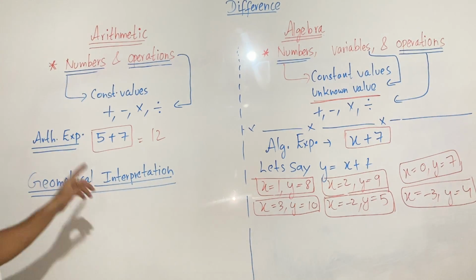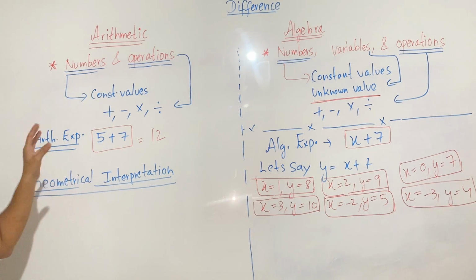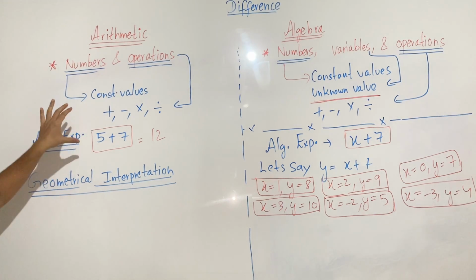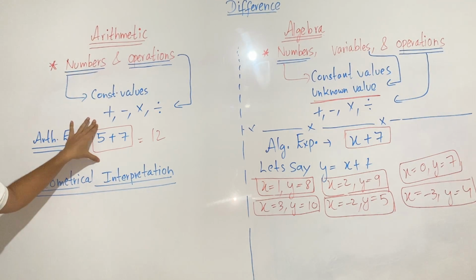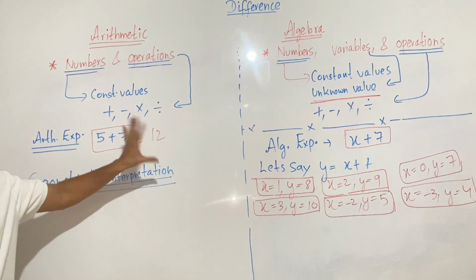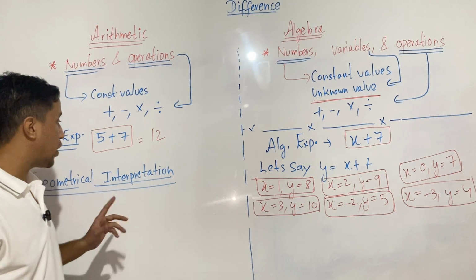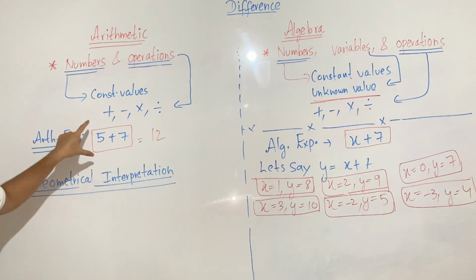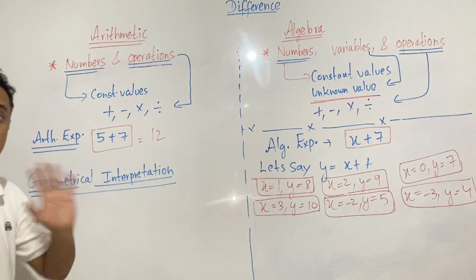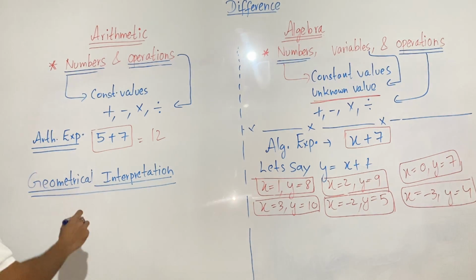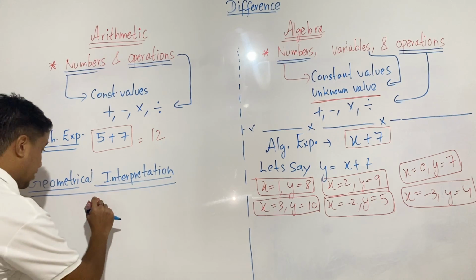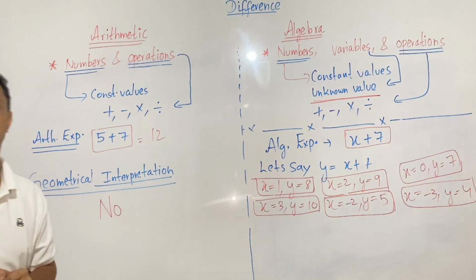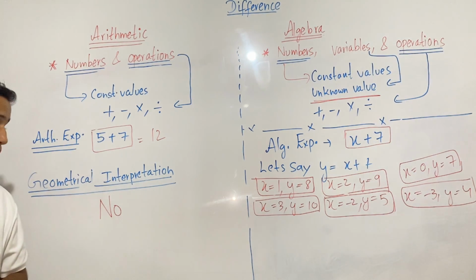It means that if someone asks you to draw a graph of this arithmetic equation 5 plus 7 equals 12, there is no way that you can draw the graph of this equation. So there is no geometrical interpretation of arithmetic expressions or arithmetic equations.